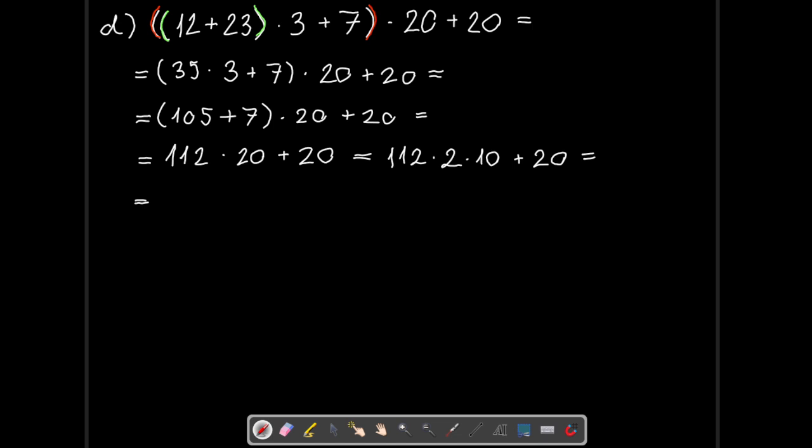So 112 times 2 is 224 times 10. Just gives another 0 to it. 2240 plus 20. And just the simple addition, we got 2260 as our result here. That was example D. Example E.